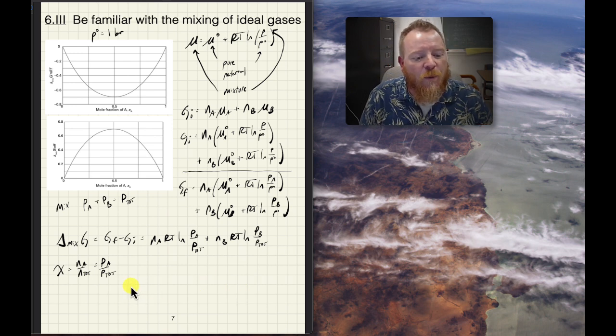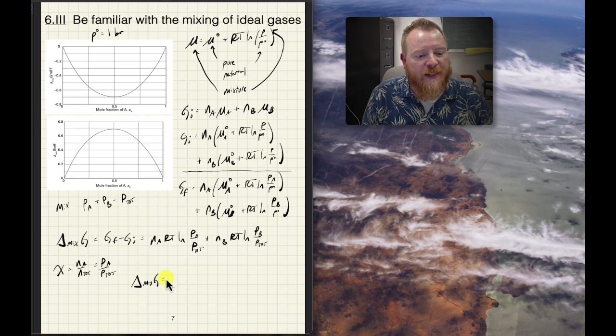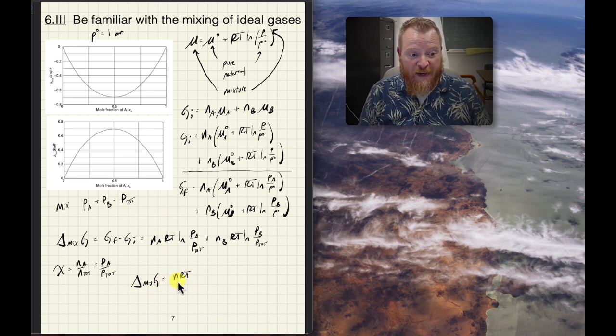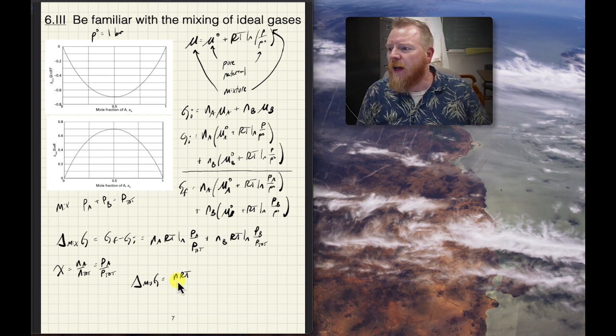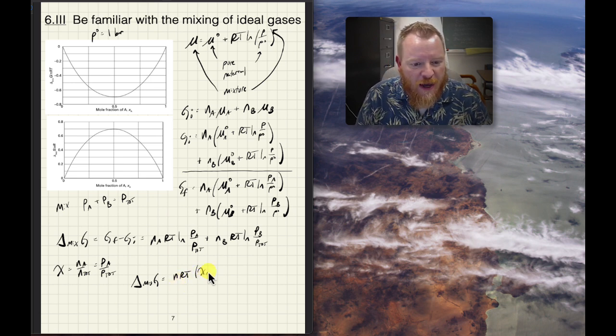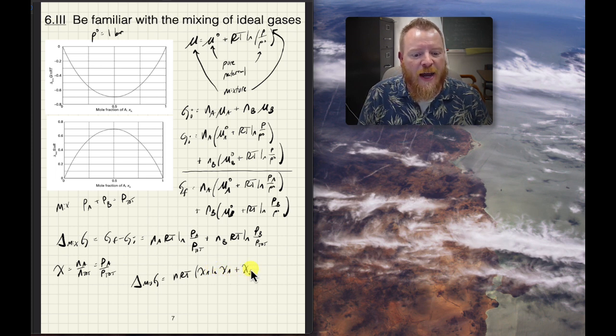So then we can rewrite and say delta G of mixing is nRT. So my N is now the total number of moles, N, times chi A natural log of chi A, plus chi B natural log of chi B.